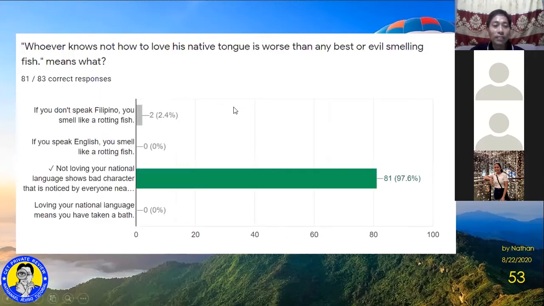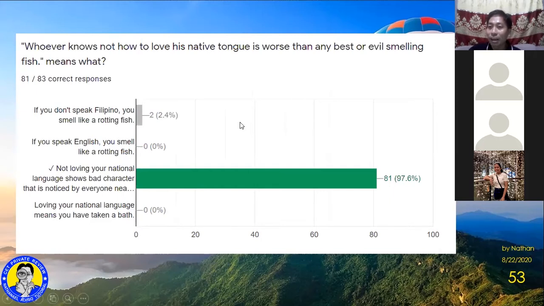Whoever knows not how to love his mother tongue is worse than any beast or evil smelling fish. So this is, again, just like Robert Frost, this will not become famous if it has a very shallow meaning, like the horse rider stopped and then finds out that he is very far from home, so he rides again his horse and goes home. It's not as simple as that. So it's the same here.